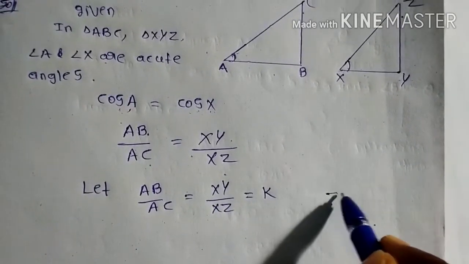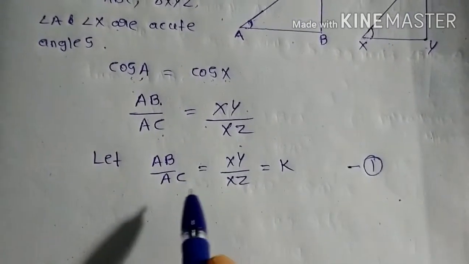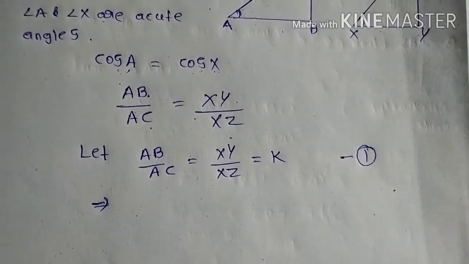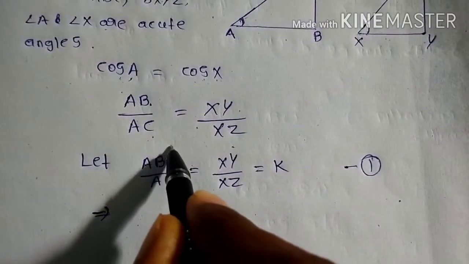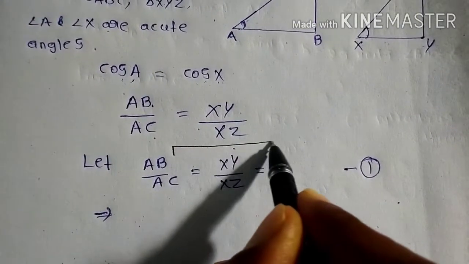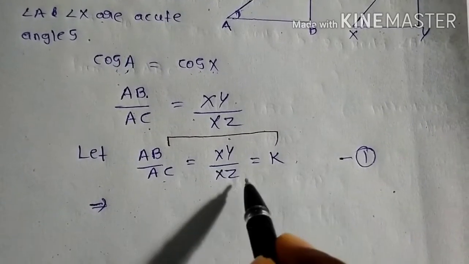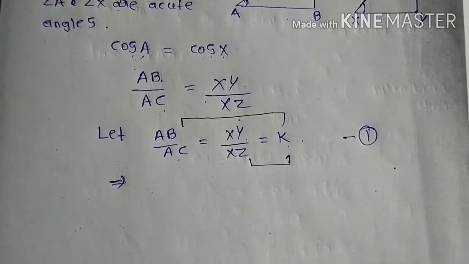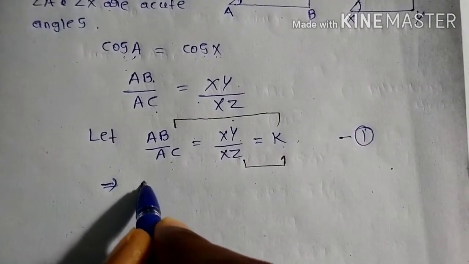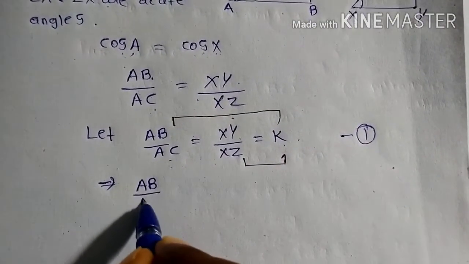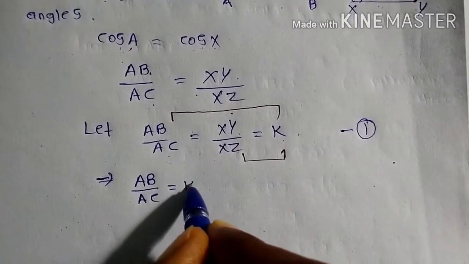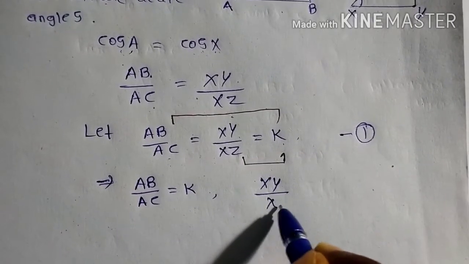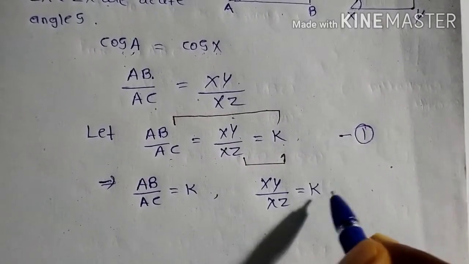So I am taking AB by AC is equal to K, and also XY by XZ is equal to K.